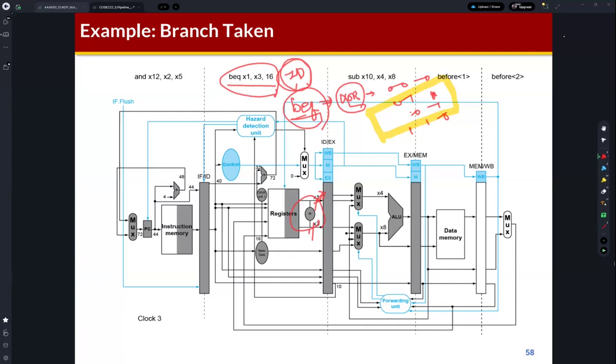So in order to reduce the performance overhead by branch instruction, the textbook solution is to add a dedicated comparison unit, a dedicated equality check unit, just after the register file, right? By doing this, we can detect the result of a branch instruction, actually the result of BQ, more quickly.